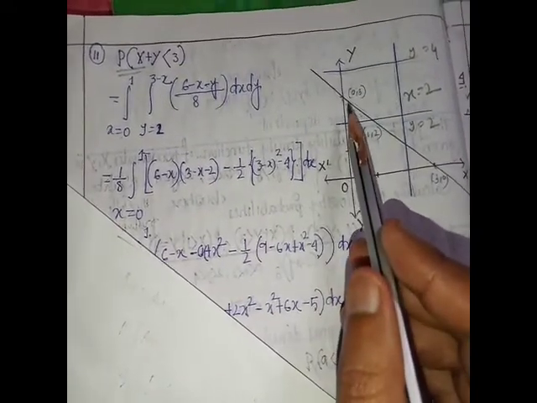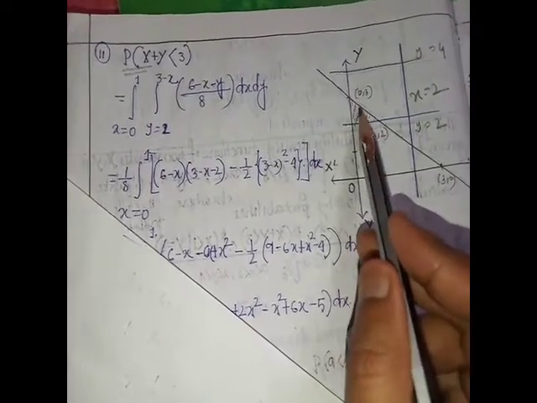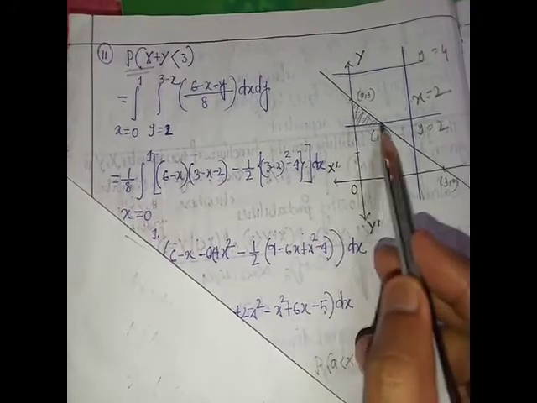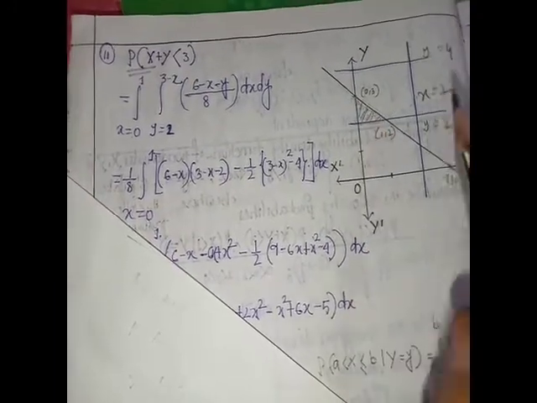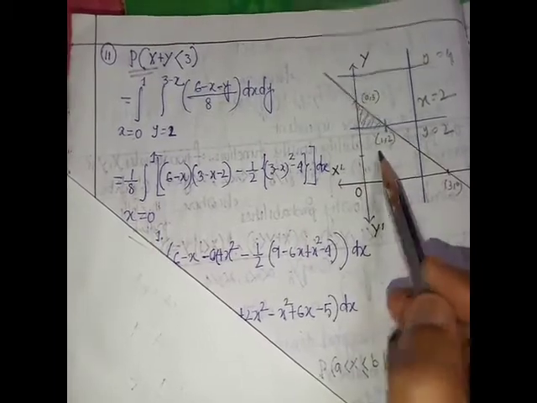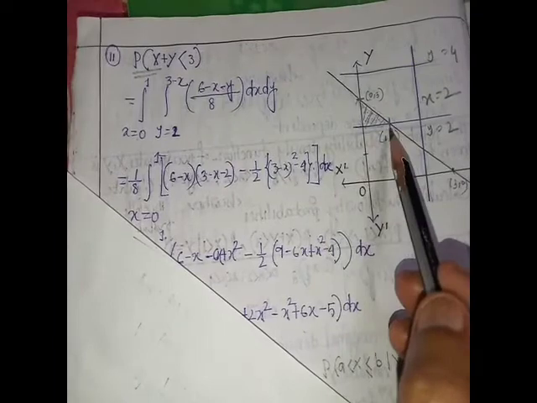So you see that this is the common portion. The coordinate of this point is 1, 2, and the coordinate of the other point is 0, 3.